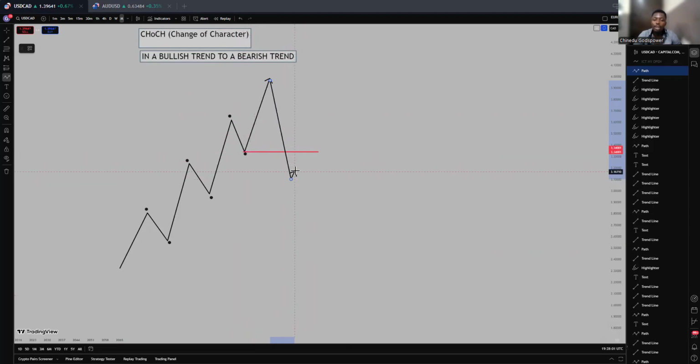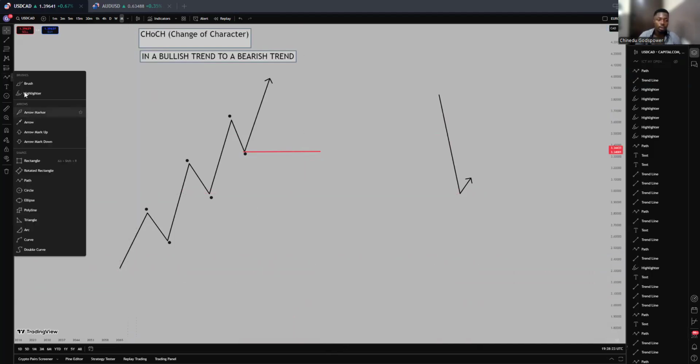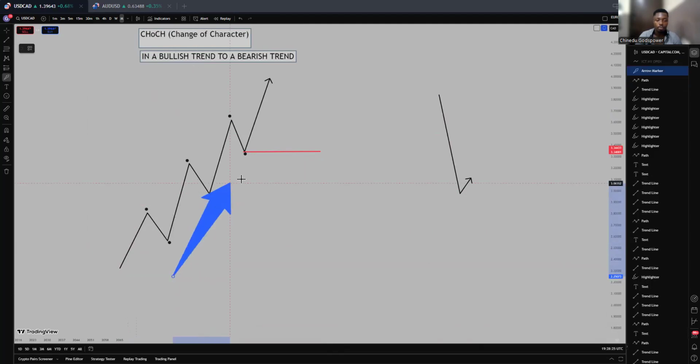Now we have a low that is lower than this. Price has then done a change of character, because now this is a new low that is lower than this low. Let me not get us confused here. Price was coming upward, price was bullish.